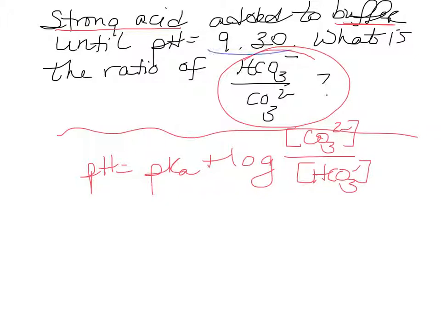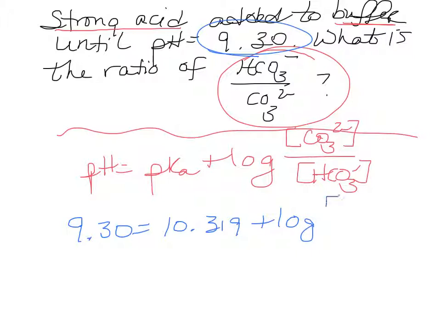So the pH they're asking us for is 9.3. We know what the pKa is from the previous page. It is 10.319, plus log of our conjugate base to acid.